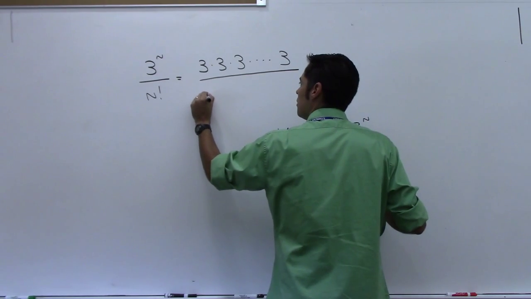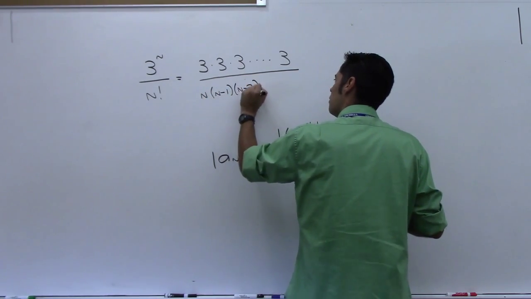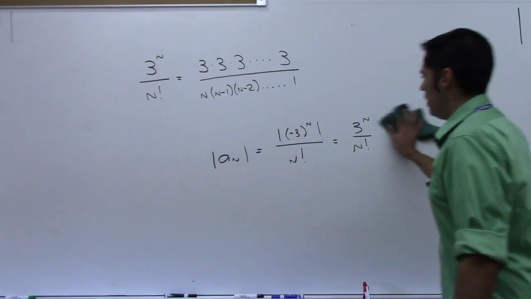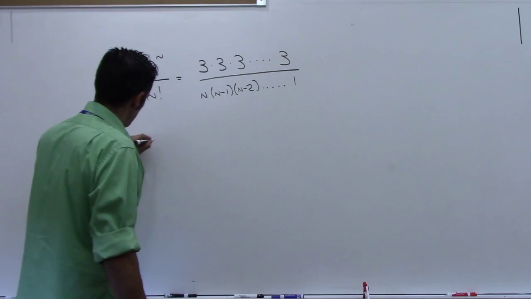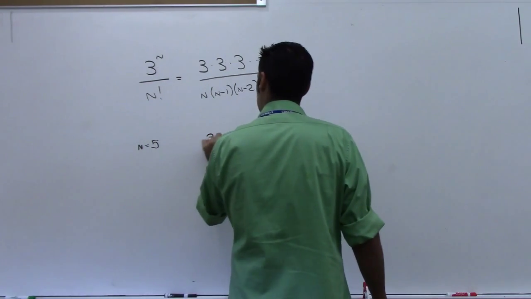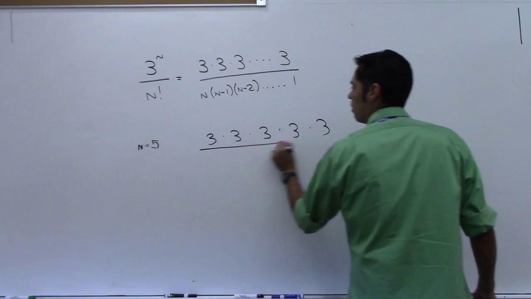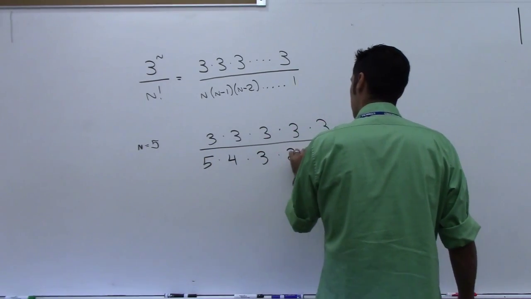And then n factorial is n, n minus 1, n minus 2, all the way down until I get to 1. So let me do this for a particular n. Let's say n was 5. Then what I would get would be 3 times 3 times 3 times 3 times 3 over 5 times 4 times 3 times 2 times 1.